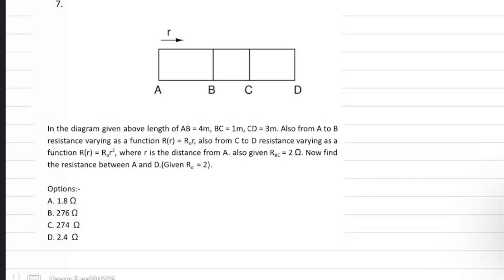So 5 to 8, R0 I take it outside, r square dr. Now R0 is 2. r square dr is r cube by 3 from 5 to 8. Now this comes out to be 258 ohms. So the total resistance becomes 16 plus 2 plus 258, which is nothing but 276 ohms, which is this.